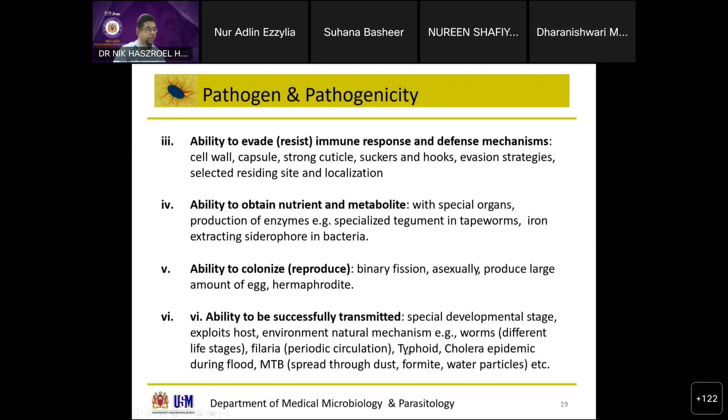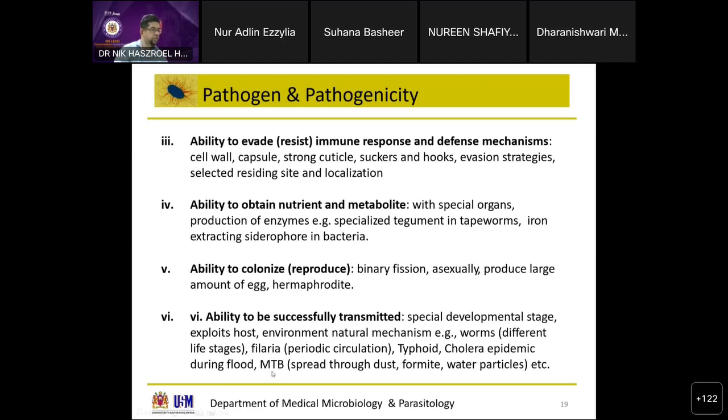Then there are also other organisms like typhoid and cholera, where epidemic spread and transmission are higher during floods. Countries which have a lot of floods have a lot of typhoid and cholera because of the water; the organisms contaminate the water.